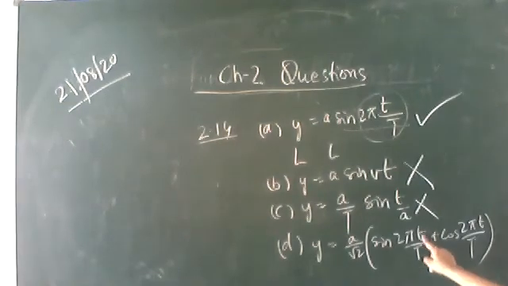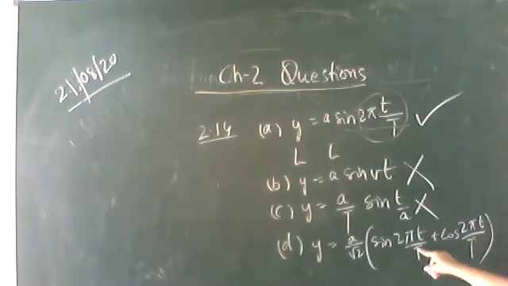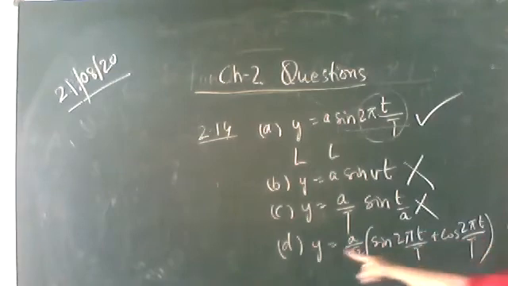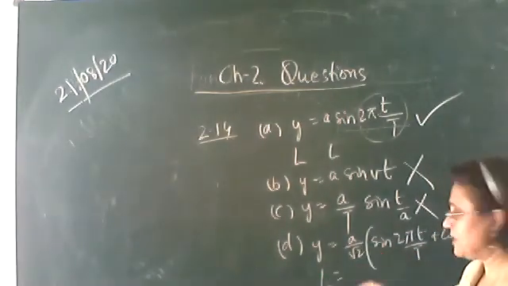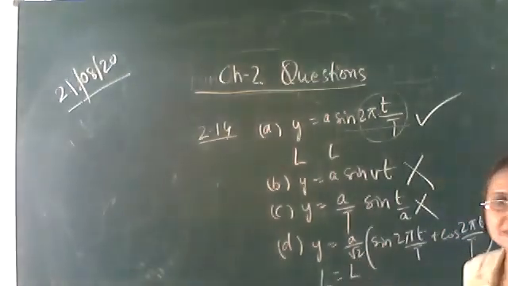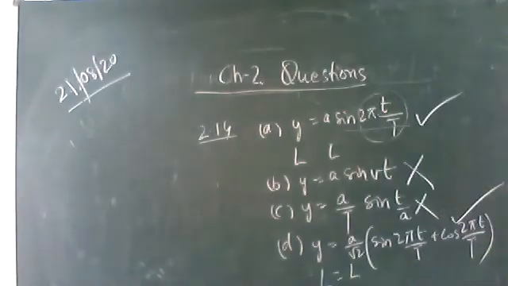So t upon T, sine 2 pi t upon T is dimensionless, which is added to again a dimensionless quantity, cos 2 pi t upon T. Now check it here. y has a dimension L, amplitude has a dimension L, root 2 doesn't have any dimension. So L is equal to L. So this equation is dimensionally correct.